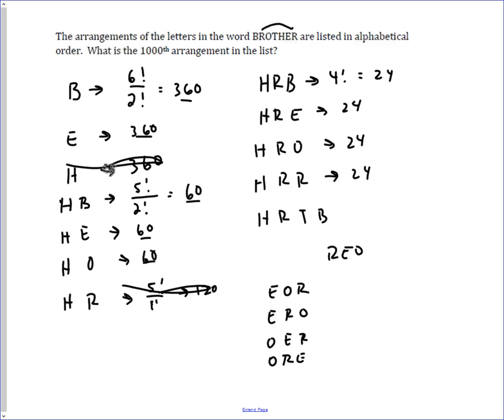So HRTBORE is the 4th one. That starts with HRTB, which gets us to 1,000, and so HRTBORE is the 1,000th word in this list of alphabetical words.